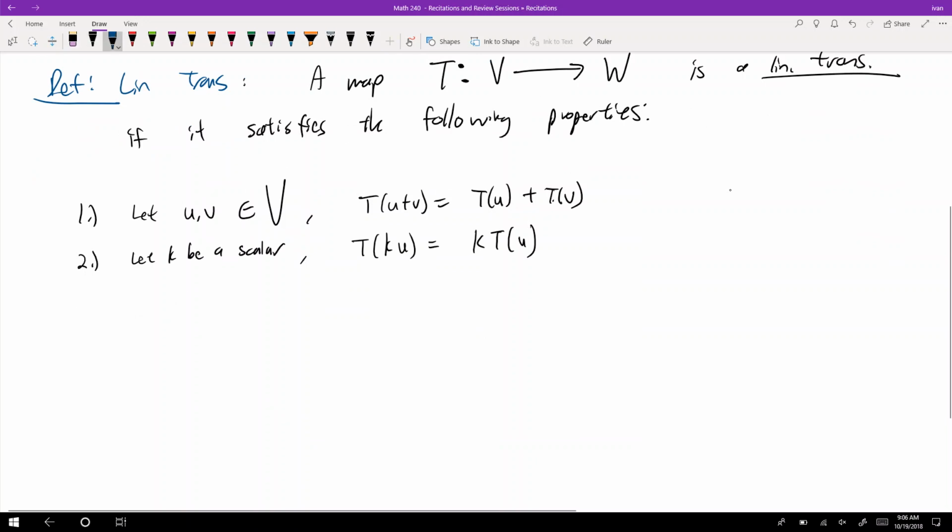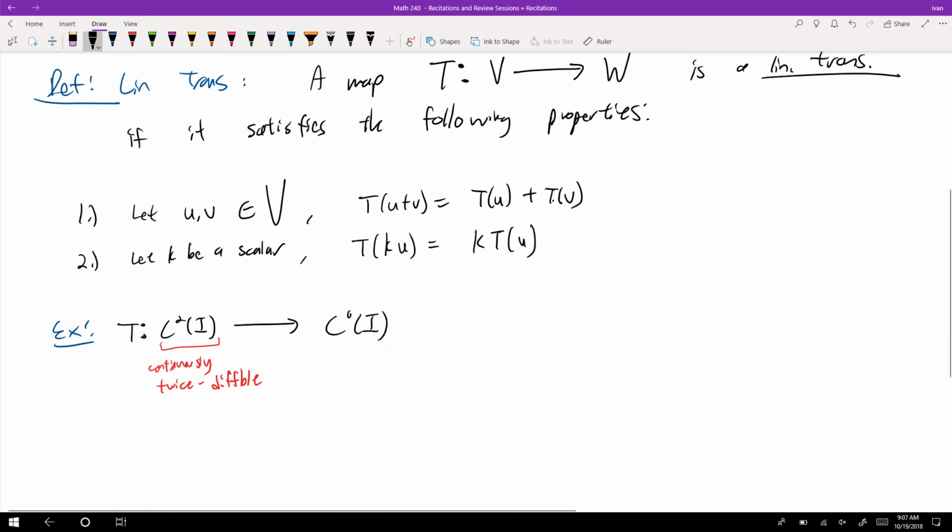But let's take a look at some other examples. And how do we show this formally? So this first example, then, let T be a map from C2(I) to C0(I). And you can think of C2(I) as continuously twice differentiable functions, and then we take two derivatives off of it.